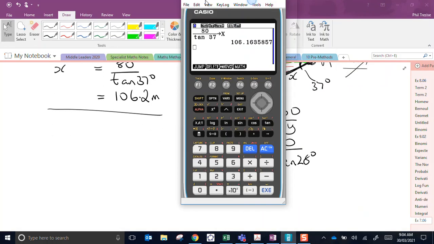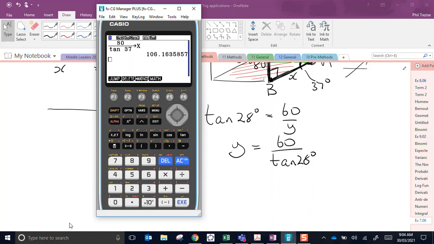And again, I'll store this straight away into memory Y. That's 112.8.